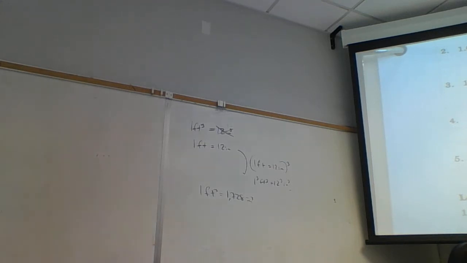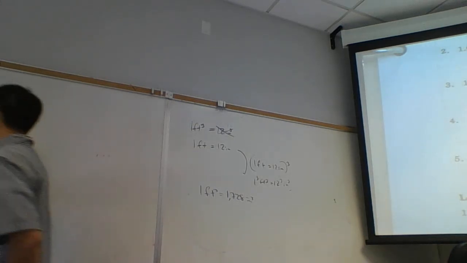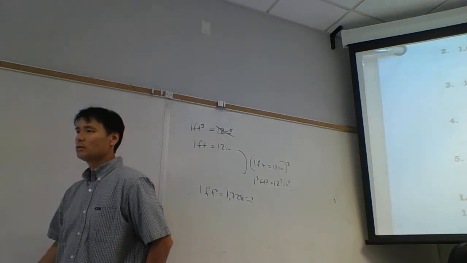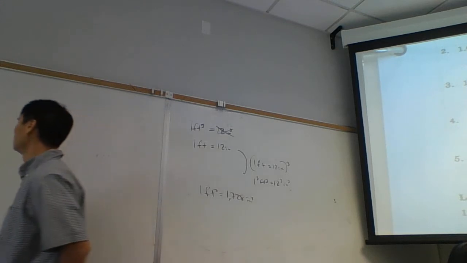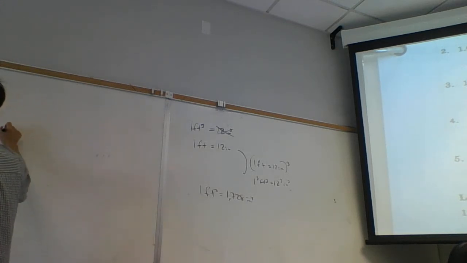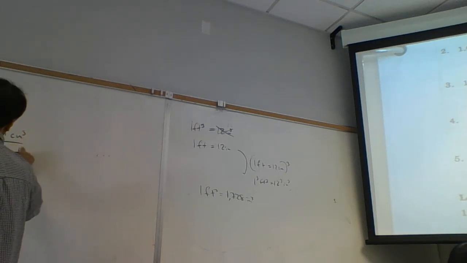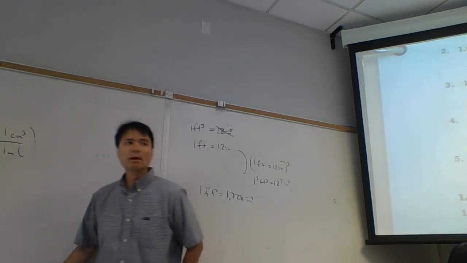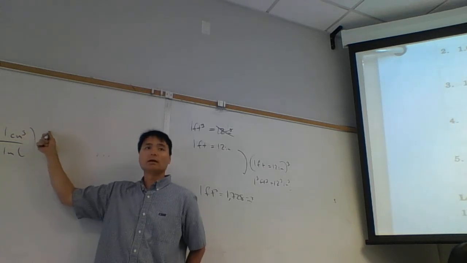Now I can go from cubic centimeters to what? Here's where you have to realize, I know cubic centimeters. What's the definition of a cubic centimeter? 1 milliliter. So 1 cubic centimeter is 1 milliliter. They're the same thing. Should I cube this whole thing?